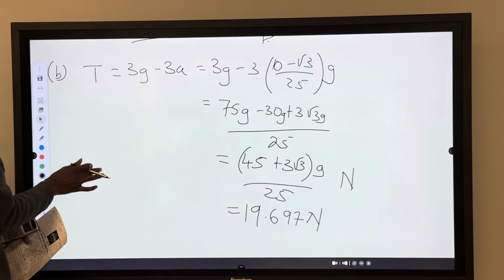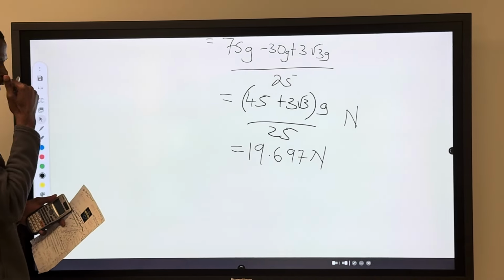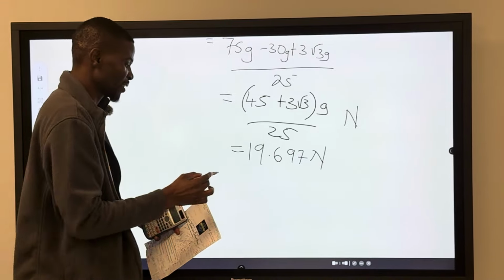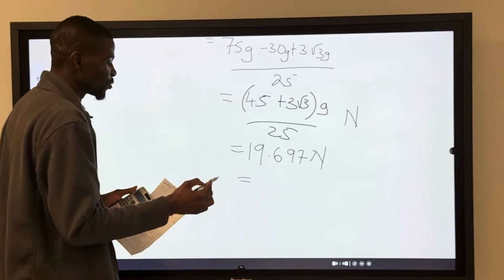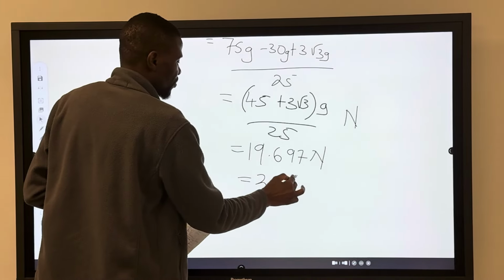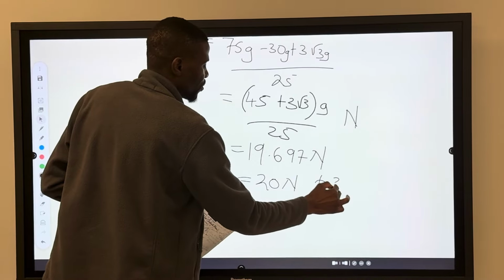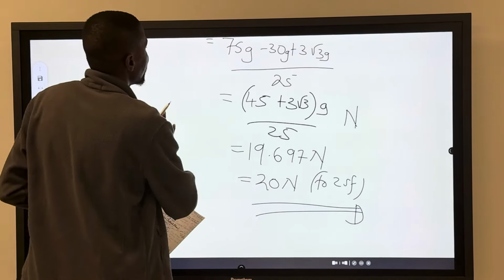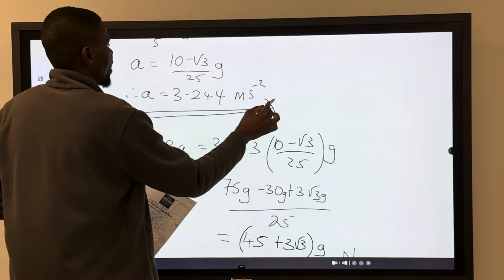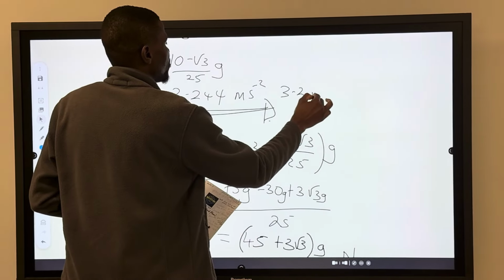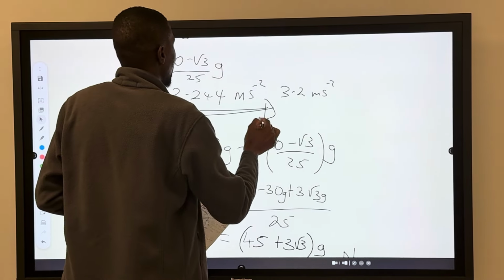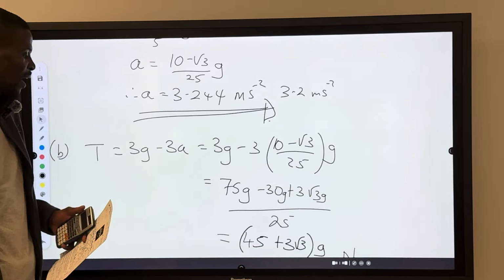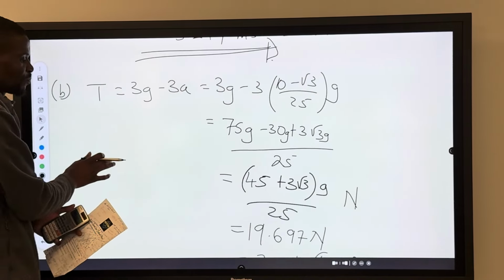But remember, guys, if the degree of accuracy is not specified, and if the answer is not exact, try to leave your answer to two significant figures. So it's going to be 20 newtons to two significant figures, and this one here will be something like 3.2 meters per square second. Otherwise, just leave your answers in exact form.